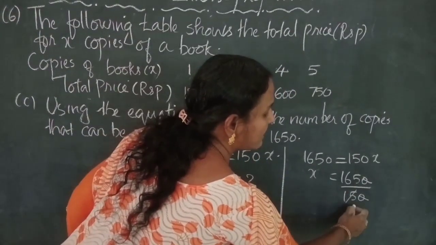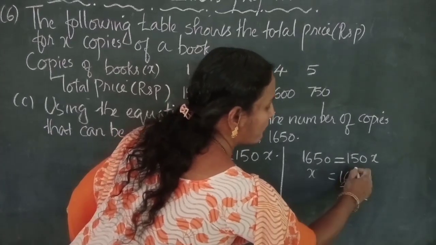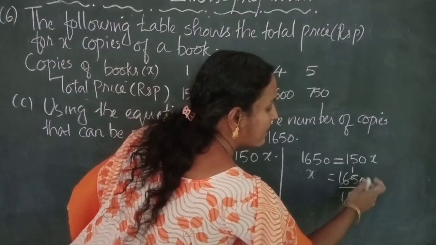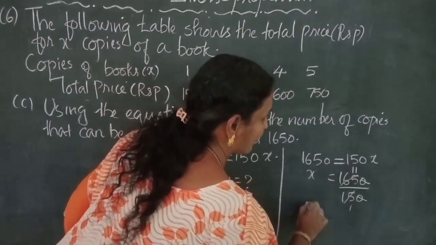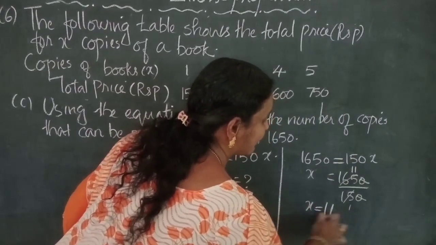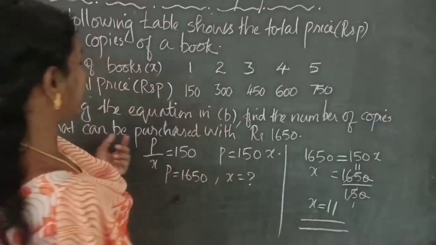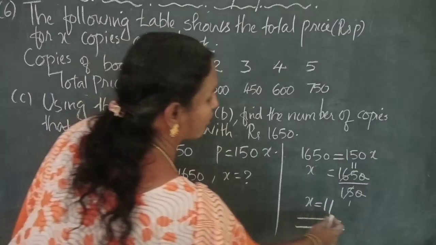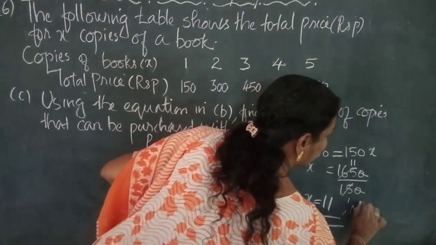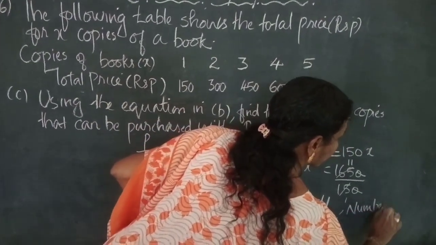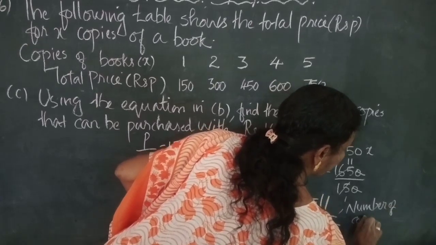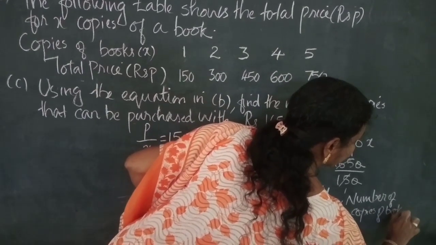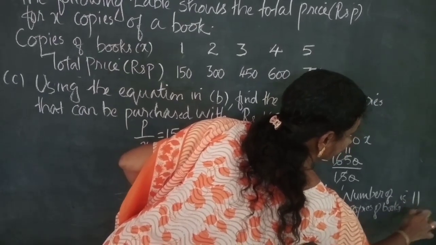Then 1 by 1 is 1, 5 by 5 is 1... 15 by 15 is 1, so x is equal to 11. You have to find the number of copies of books. So the number of copies of books is 11.